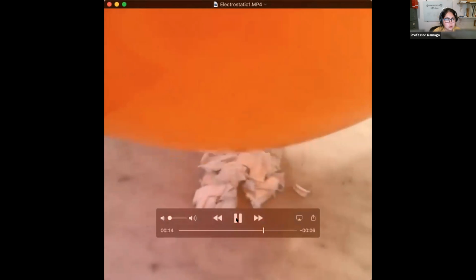And these tissue papers are neutral. What kind of material are these tissue papers? Insulators, right? Not conductors. And you see these insulator materials are being attracted and it even goes up. It wants to go so much to the balloon. But the tissue paper has no free electrons. It's not a conductor. So how does this balloon attract these tissue papers that are non-conductive material?